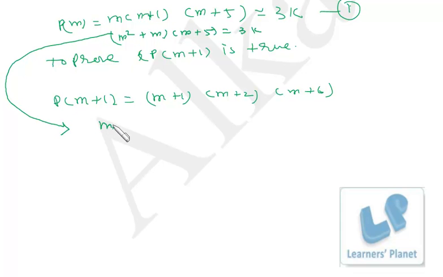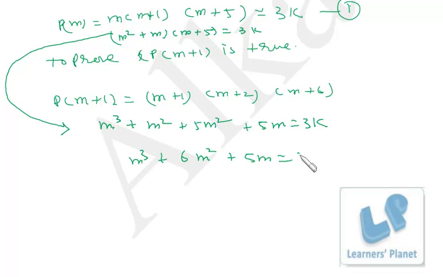It's m cube plus m square plus 5m square plus 5m is equal to 3k. That means m cube plus 6m square plus 5m is equal to 3k, right? That is actually the first relationship. You must have some space over here, so write down all the steps.